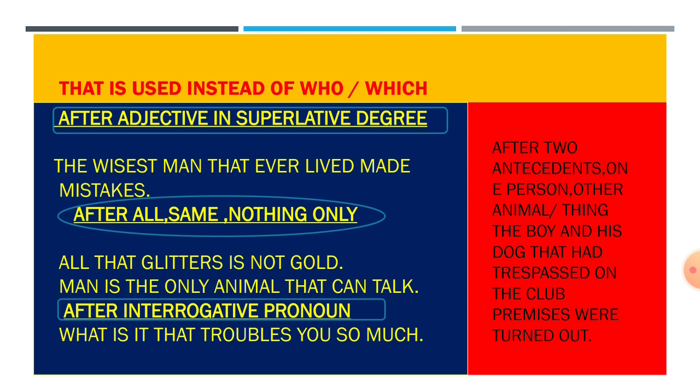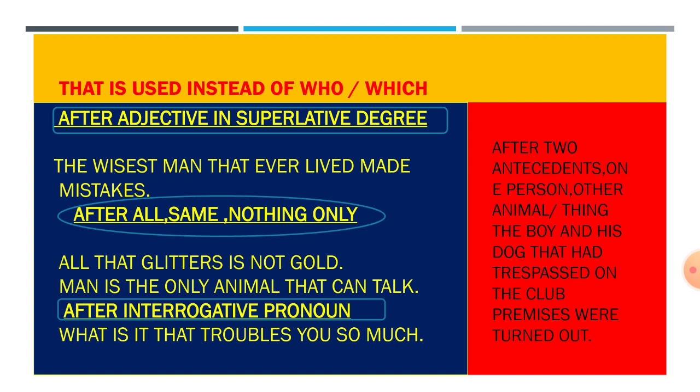Then second example, man is the only animal that can talk. So only is a word here which is making us use that. Man is the only animal. So the word only has come, and that is why we are going to use that.